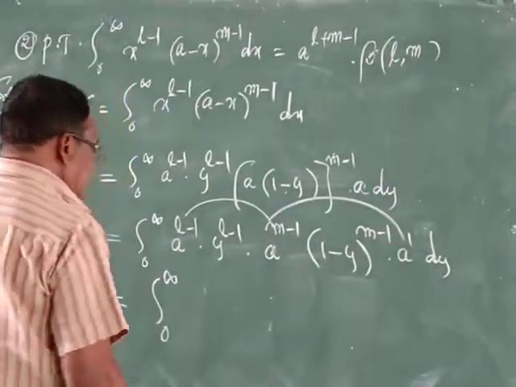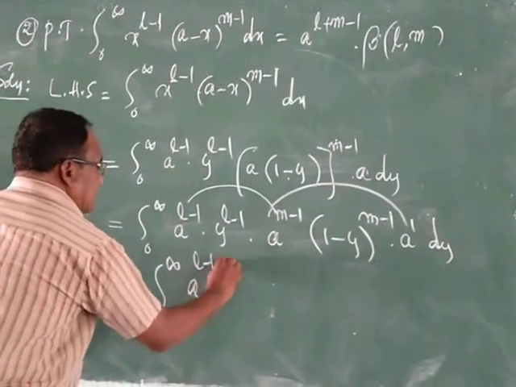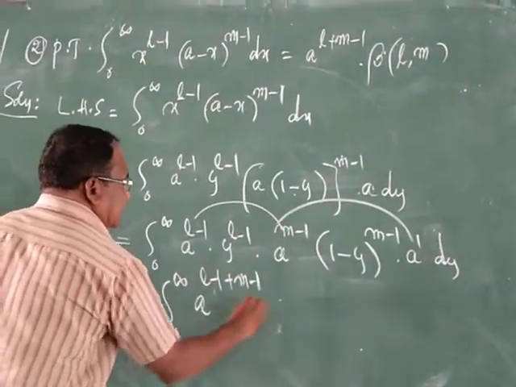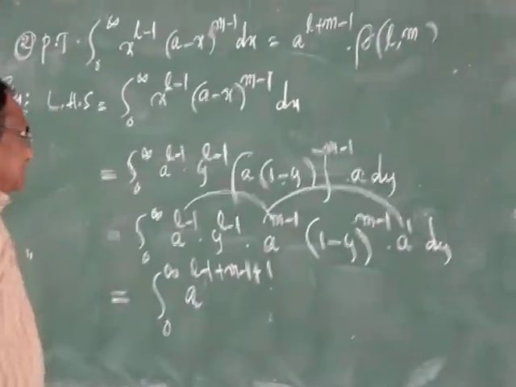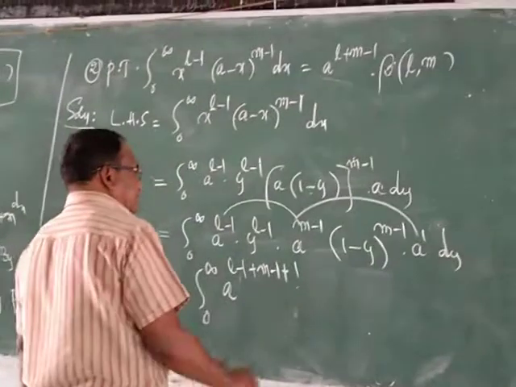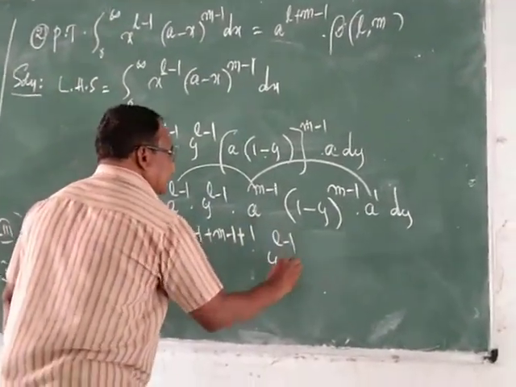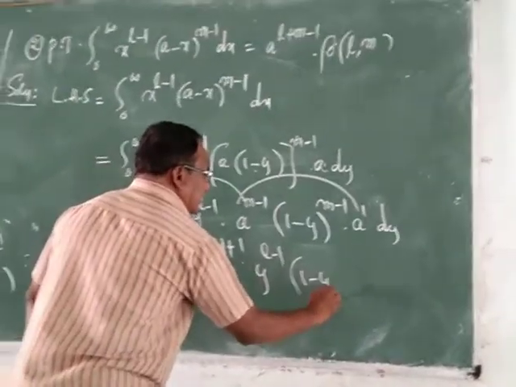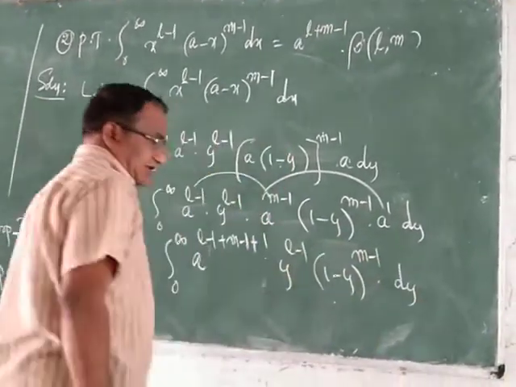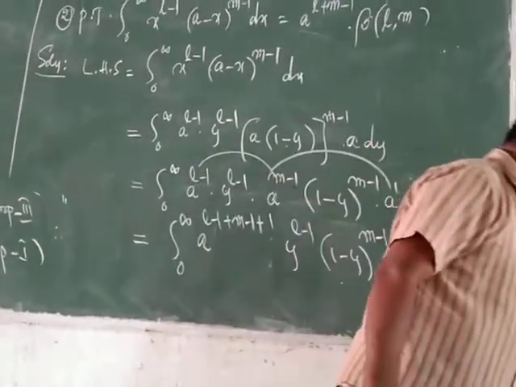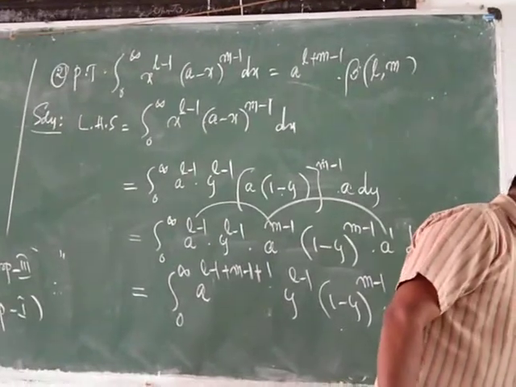This is equal to a to the power l minus 1 plus m minus 1 plus 1, into y to the power l minus 1 into 1 minus y whole to the power m minus 1 into dy. You write it as it is here.